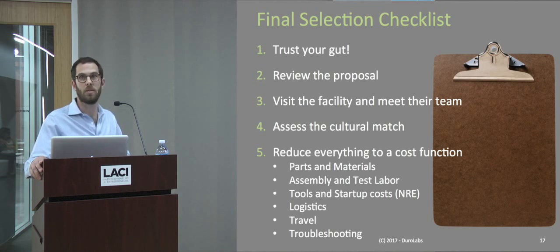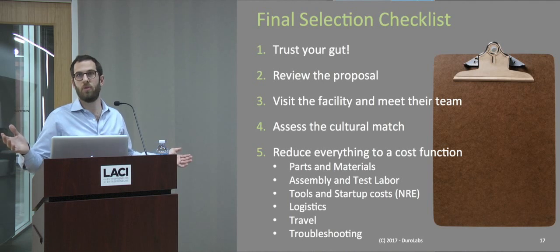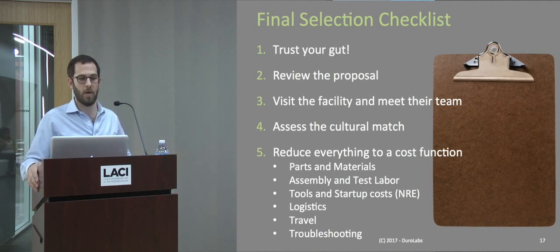What does that cost? Even if they quoted you $6 per unit and the factory in Chatsworth quoted you $10 per unit, what does it cost your company to send one of your engineers to China for a minimum of a week? Is it worth that $4 difference? It's really something to think about.